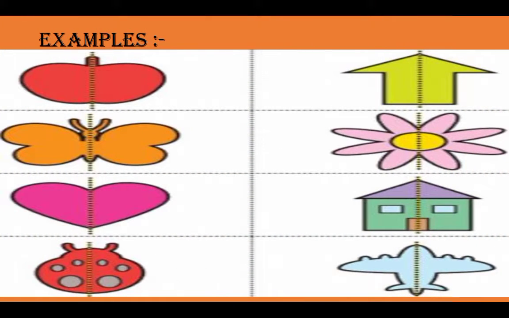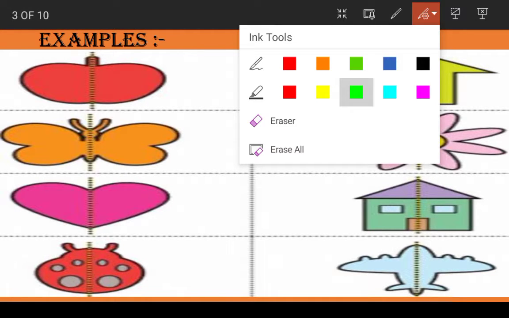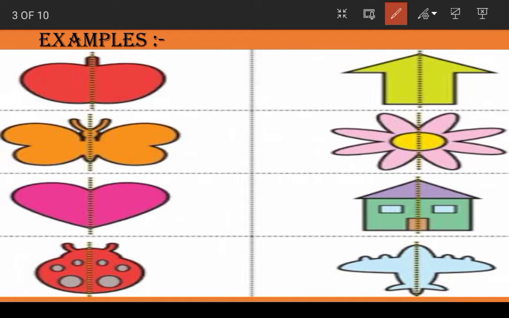Now here are some examples. You can see this. Okay, I am changing my color. Let us take light blue. Have you ever cut an apple from between? Everybody has done it at some time in their life.